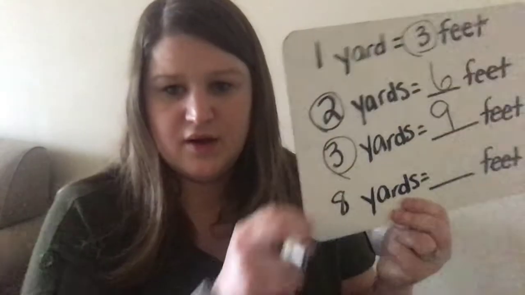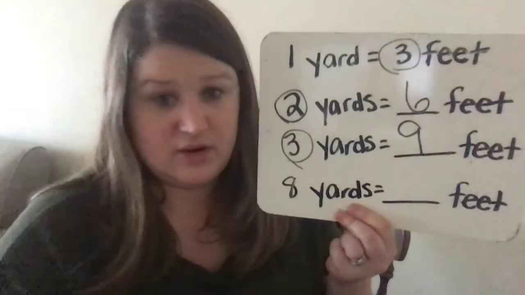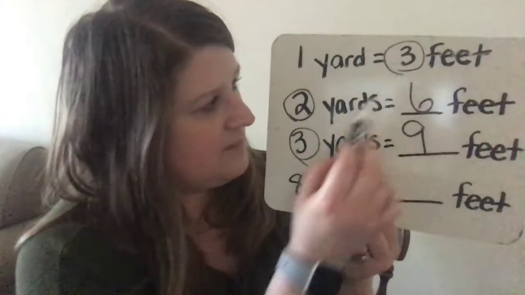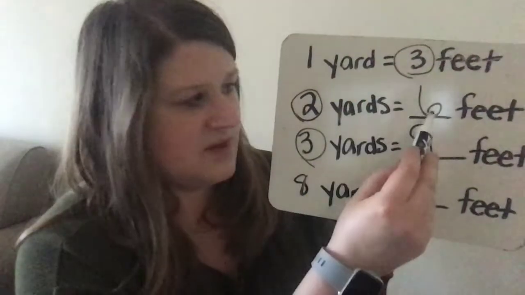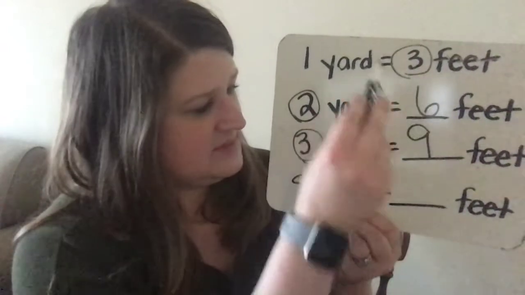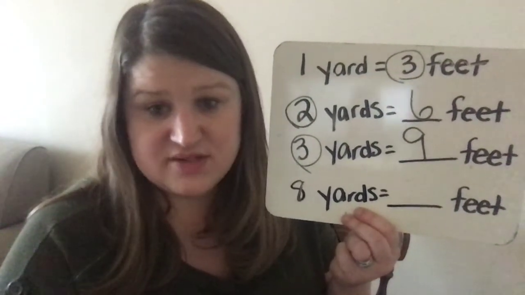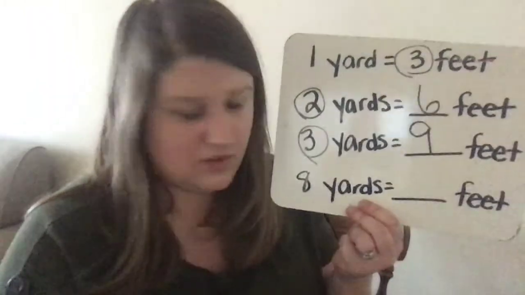Let's do one more example, and then I'm going to have you complete some on this email. Let's do one that's a little bit bigger. Let's do 8 yards equals how many feet? So look at the pattern we're doing here. We're taking the amount of yards that I'm asking, and we're multiplying it by 3. 2 times 3 is 6. 3 times 3 is 9. Now I'm asking, if you have 8 yards, how many feet is that going to be?